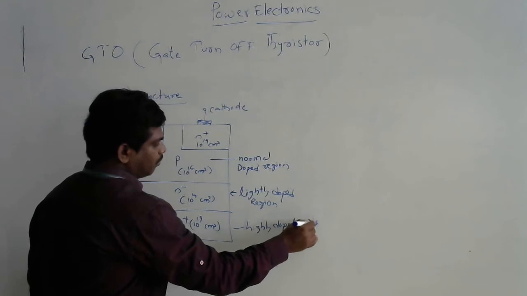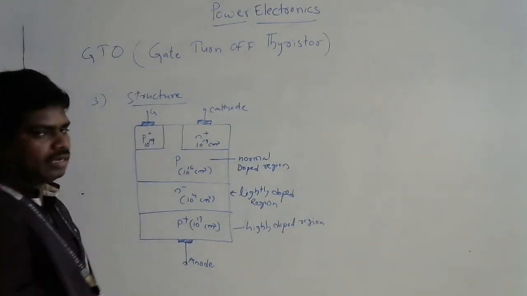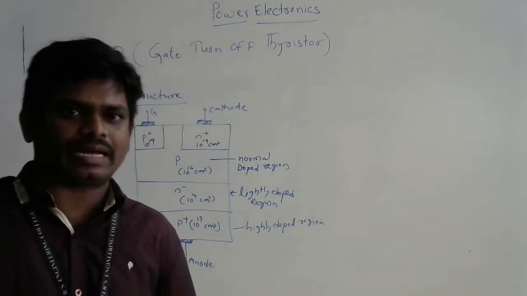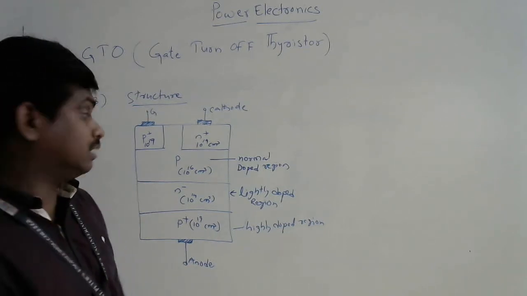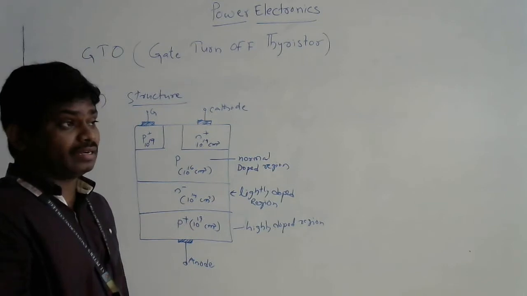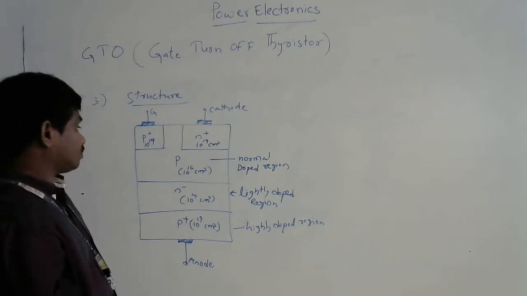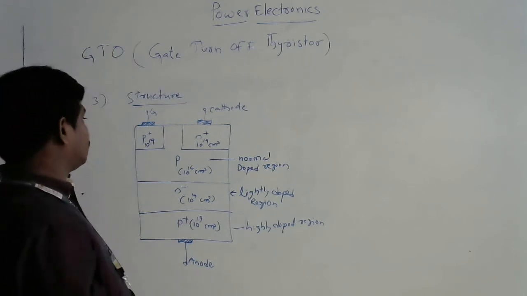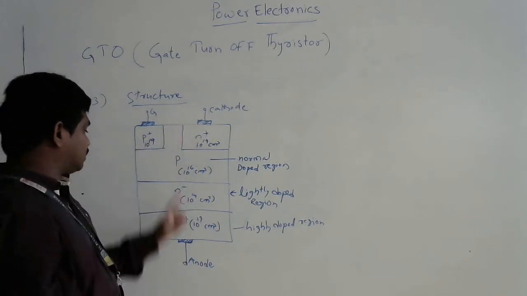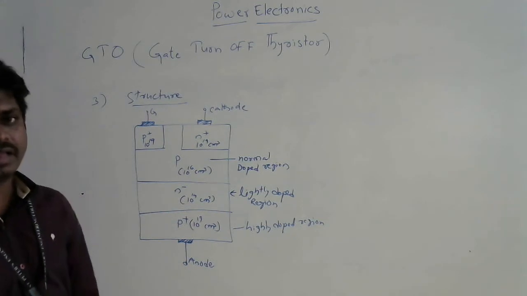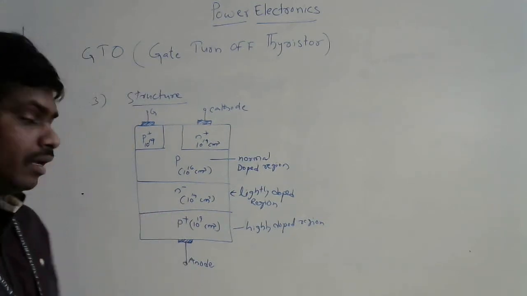One thing you should remember: whenever we are using a semiconductor device to carry megawatts of power or kiloamperes of current, then remember that the outermost layers of the device must be highly doped. Outermost layers must be highly doped.